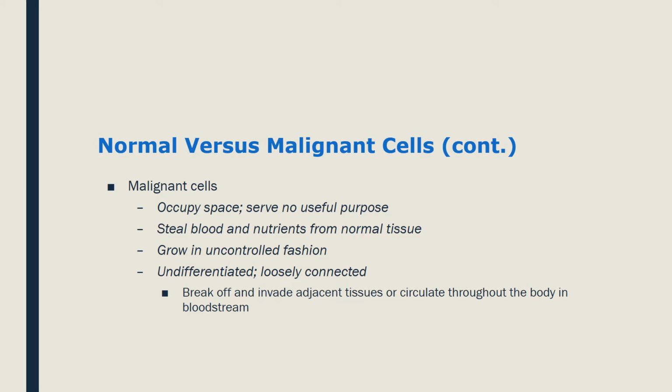And they grow in an uncontrolled fashion, and they're undifferentiated, meaning they're different looking than our normal cells. And then they can break off and metastasize adjacent tissue or circulate throughout the body in the bloodstream. And we refer to that as metastasis of the cancer when that happens.